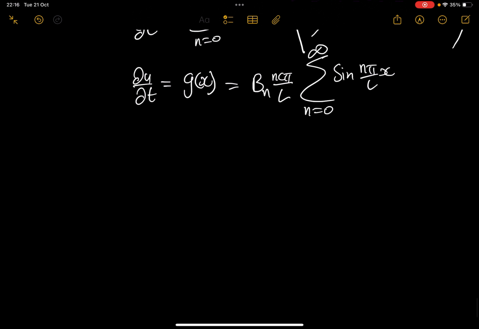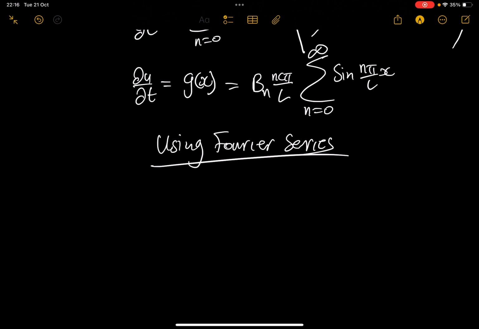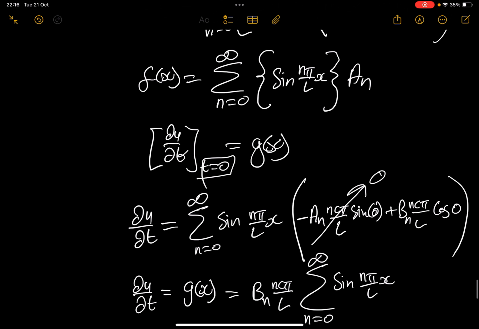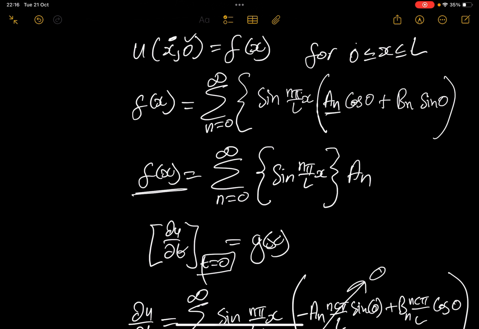Now we are going to use the Fourier series to determine a and b. So using Fourier series, remember, an is 2 over L, and here we're using cos a is f of x.